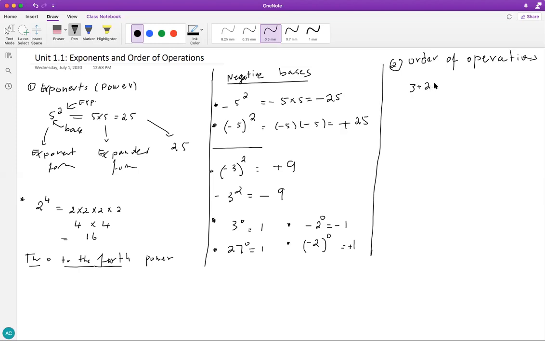So that's one operation. We say that's 5. Or you may have 4 times 5. That's also just one operation. That's 20. Sometimes you may have more than just one operation in one expression. It could be 2, 3, or 4, 10, or even more.